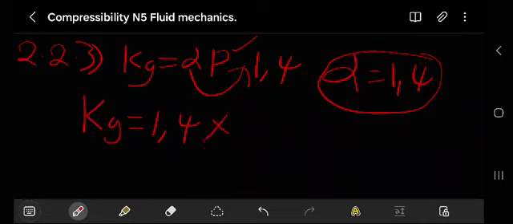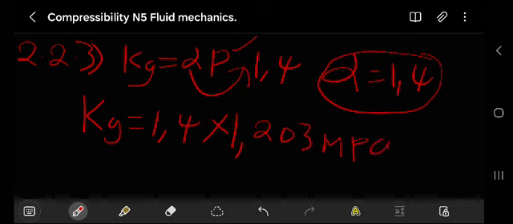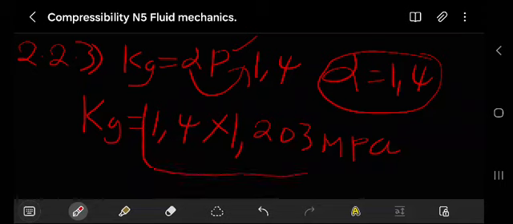multiplied by that pressure that we got there, which is 1.203 megapascal. So this will be in megapascal. I'll just punch this on your calculator.